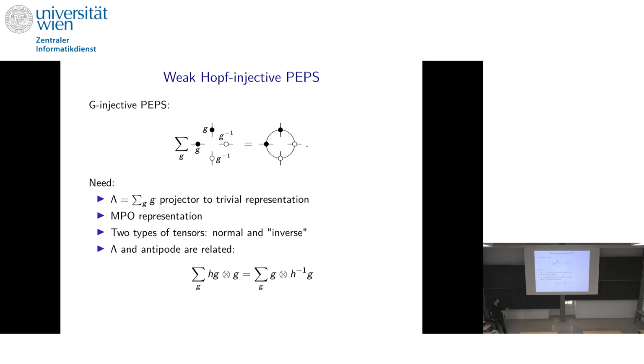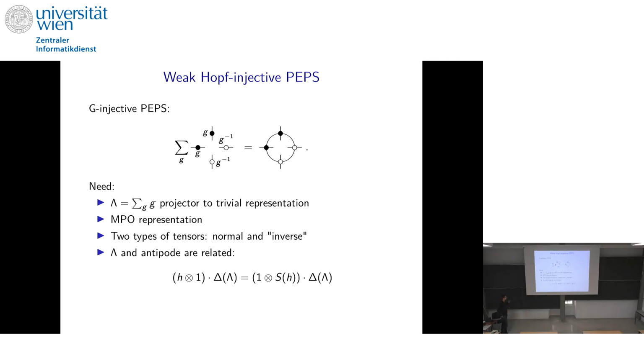It's the same as putting H minus 1 in the second part. In Hopf algebra notation, you take this special element lambda, take its coproduct, and multiply this with H tensor 1, and it should be the same as multiplying delta lambda with 1 tensor the antipode of H. So this is the origin of the equation.